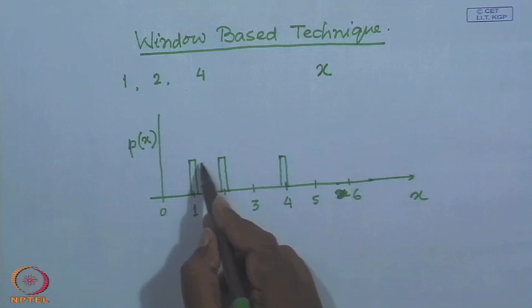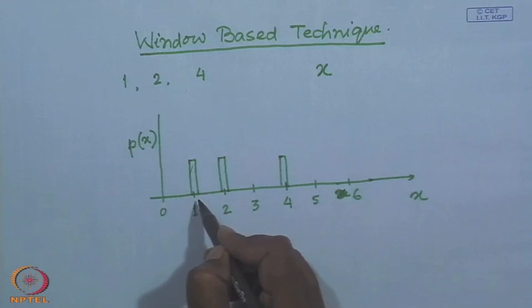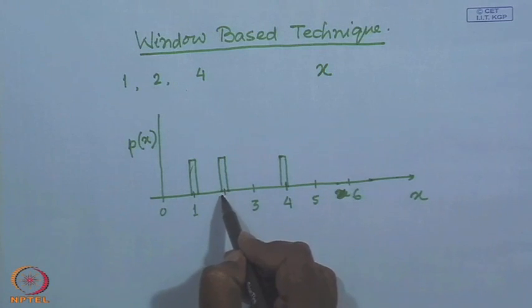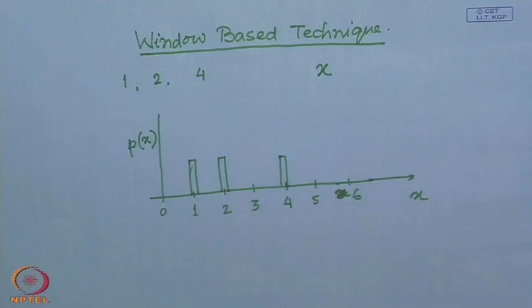And as we said, our constraint is the total area under this probability density function has to be equal to 1. So, that clearly says that the area of this delta function has to be 1 by 3, the area of this delta function has to be 1 by 3, the area of this delta function has to be 1 by 3.